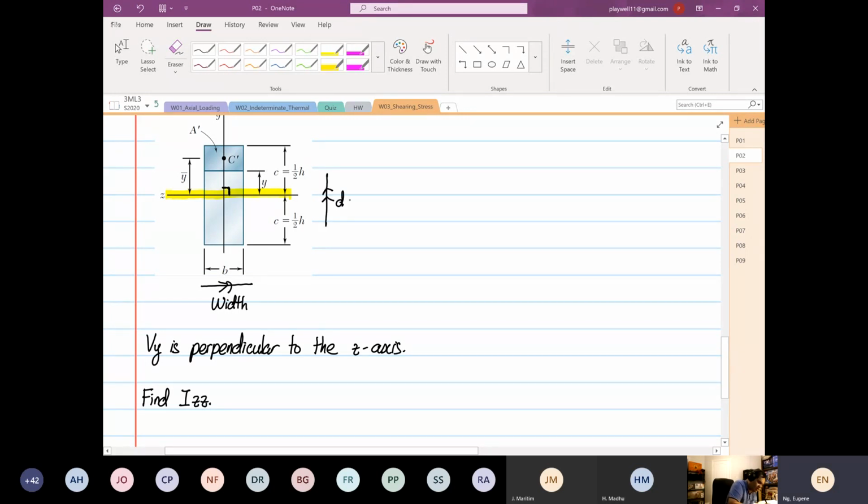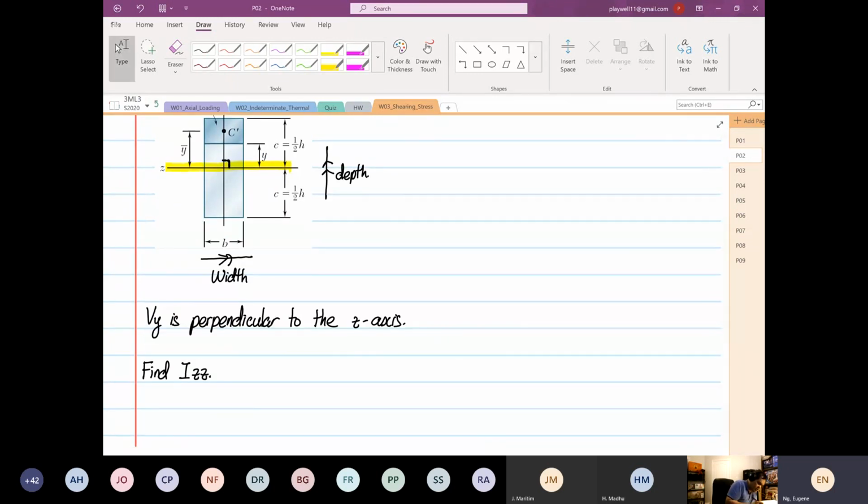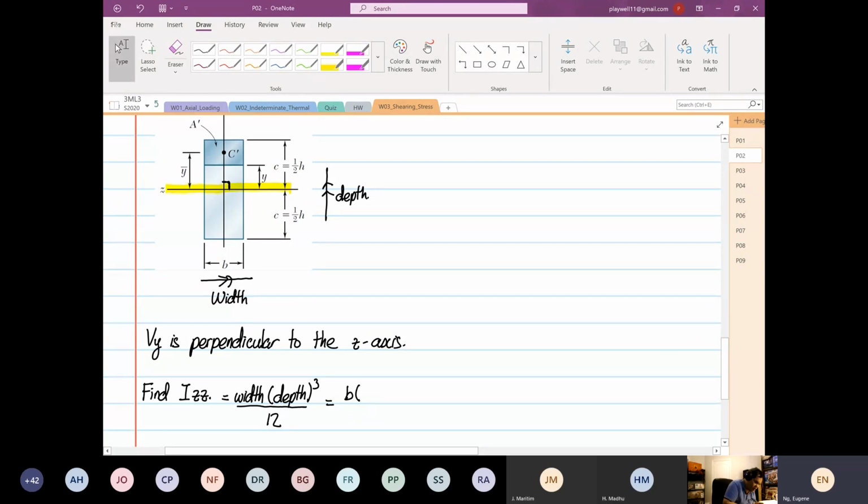So for Izz, the formula is width multiplied by depth cubed divided by 12. The width for this case is b. The depth is h or 2c. So it is b h cubed divided by 12.